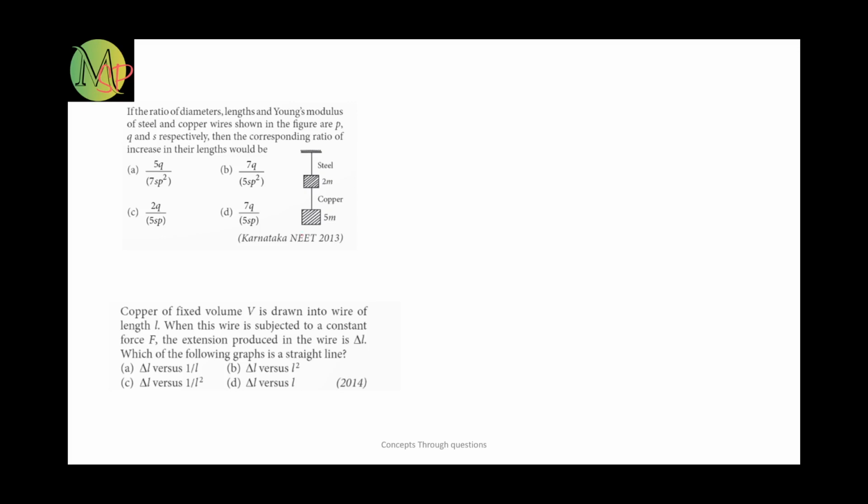The diameters, lengths and Young's modulus ratios are given as P, Q and S, steel to copper.